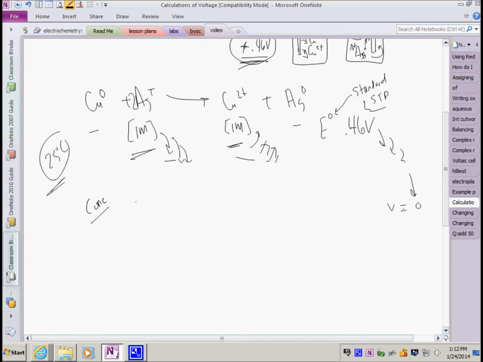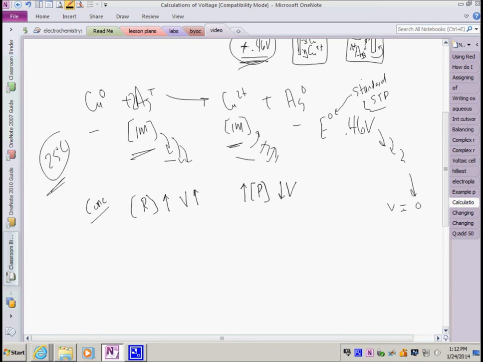You should understand that if I increase the concentration of my reactant, my voltage will, in this case, increase. More stuff that can attempt to roll the product. If I increase the concentration of my products, that will cause a drop in my voltage.